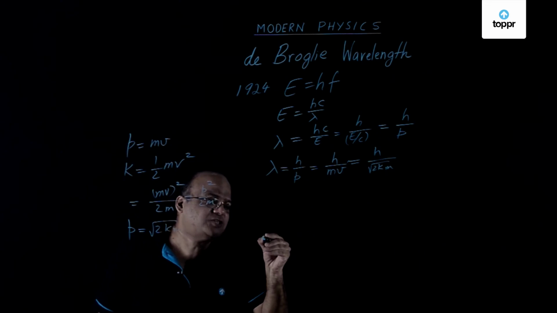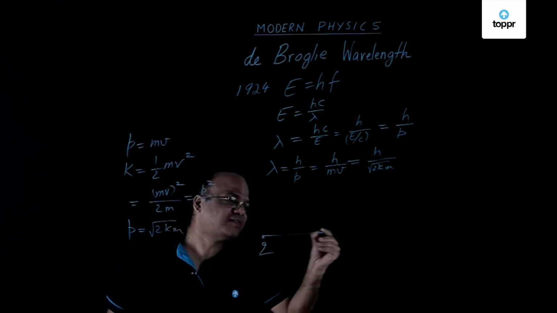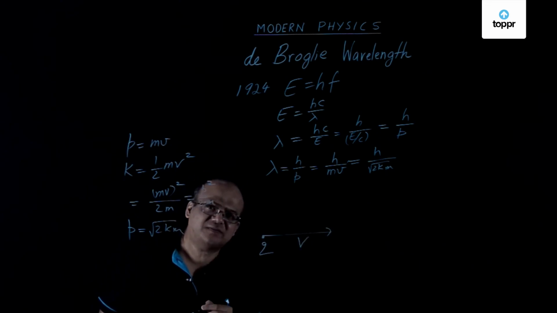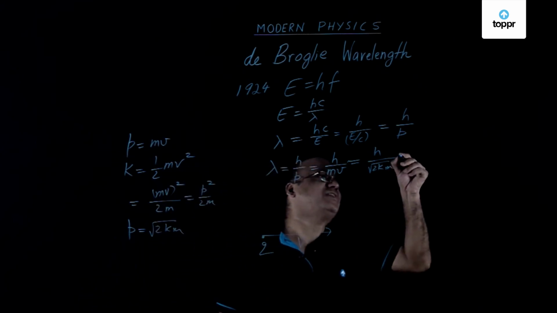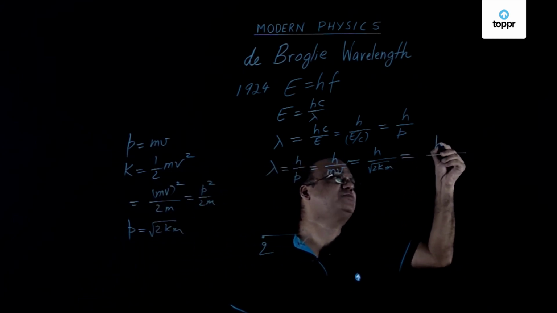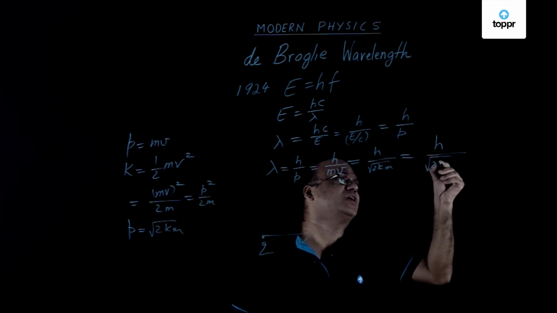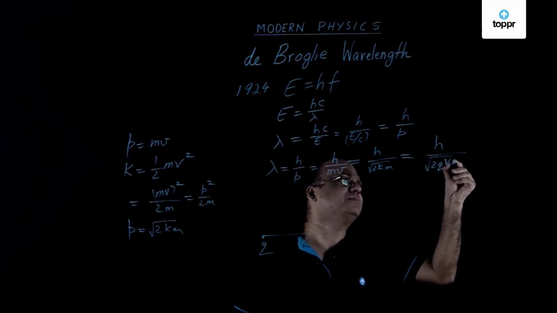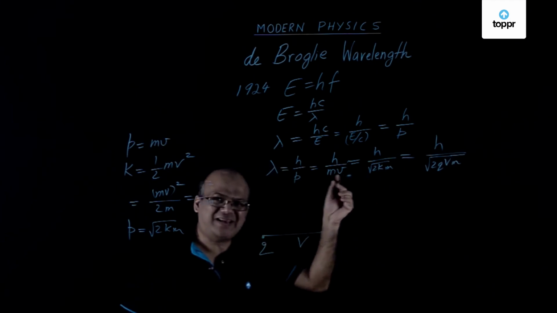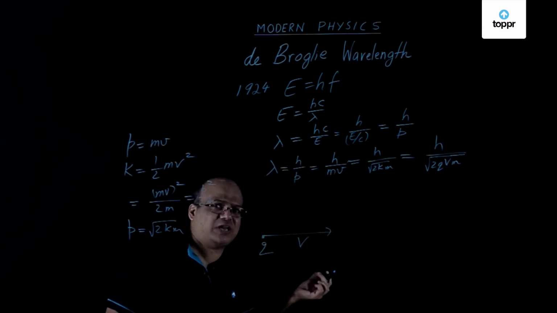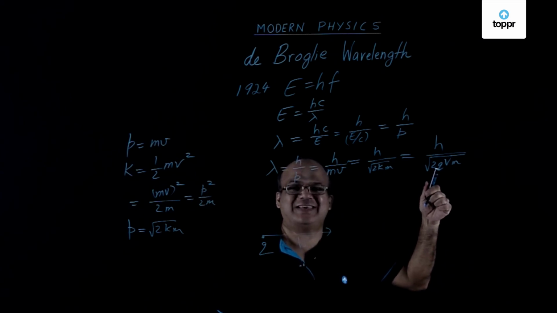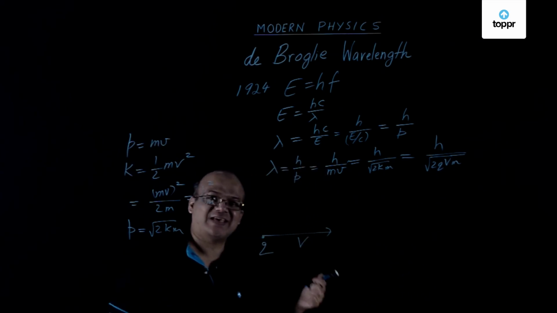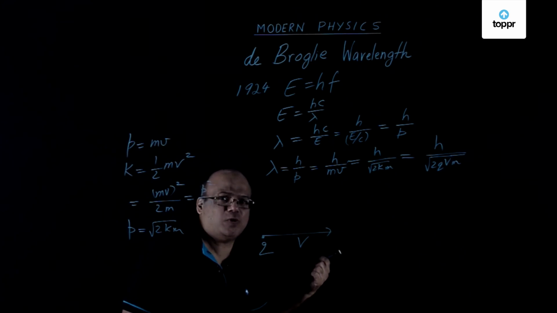Suppose you take a charge q and accelerate it through a potential difference V. It will get a kinetic energy qV. So this lambda becomes h by root 2qVm. Many times we talk about the de Broglie wavelength of an electron. So then you put the charge of the electron here, e, which is 1.6 into 10 to the power minus 19 coulomb.